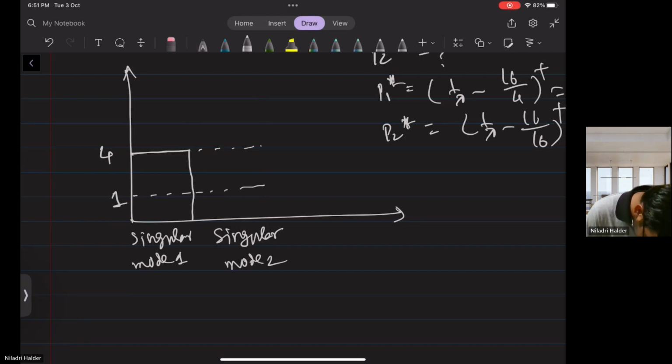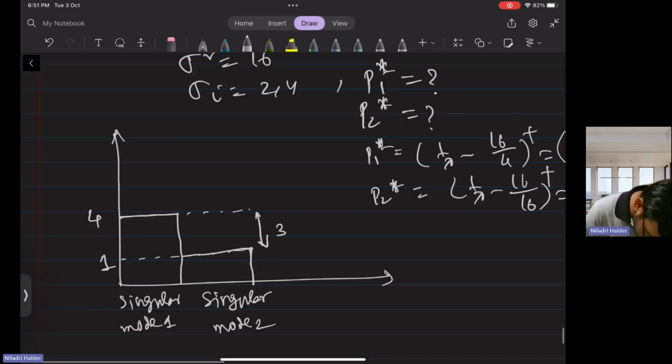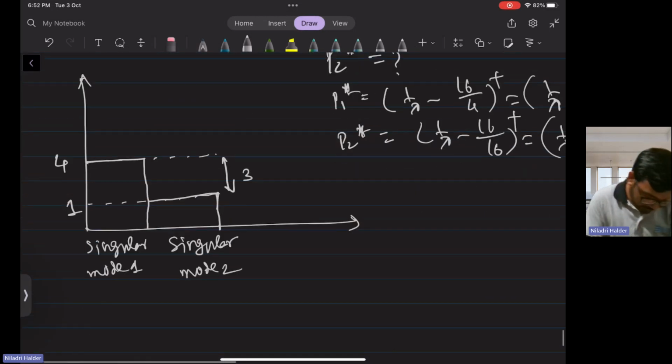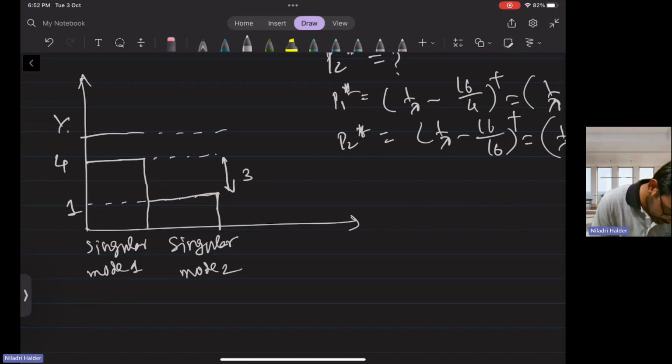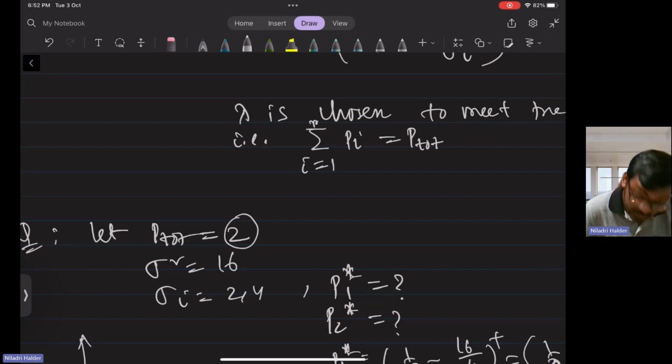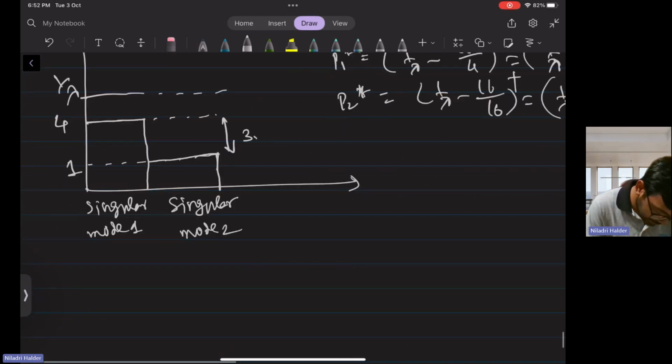Okay, the difference is 3, but the total power budget is 2. So if 1 by lambda is up here, then the total required power will exceed 3. But here the available power budget is 2. So then 1 by lambda can't be here. It will be below this 4.